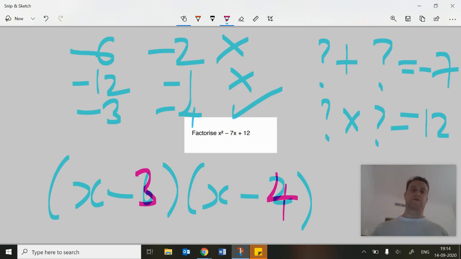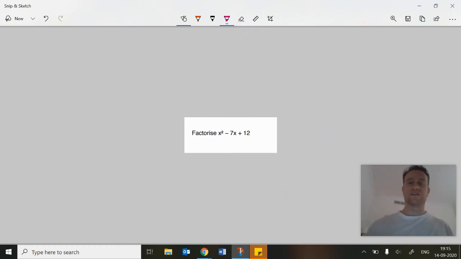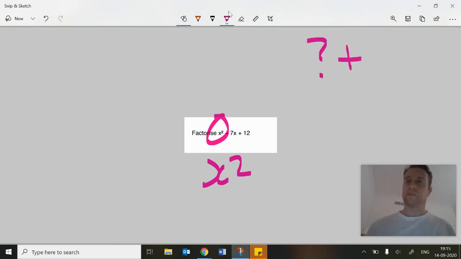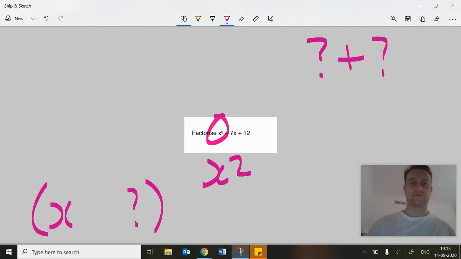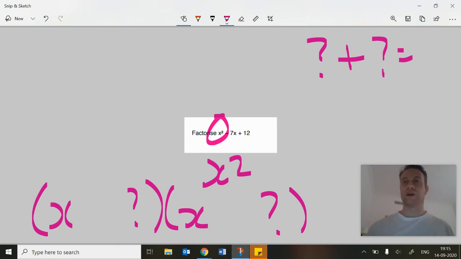Again, you can check that by multiplying out using FOIL. Final recap on all of these questions where you've just got x squared. When it's x squared and then something, something, something, you need to make sure that you have something plus something in those final brackets. It's going to give you the middle number.